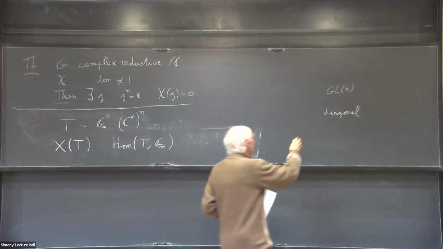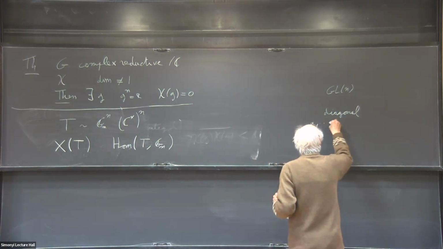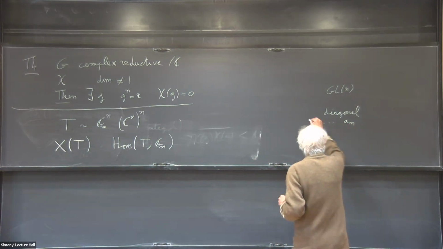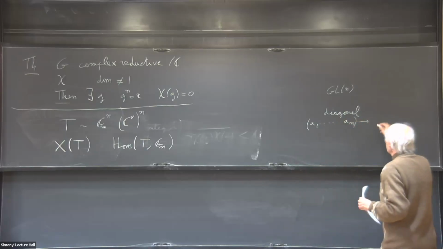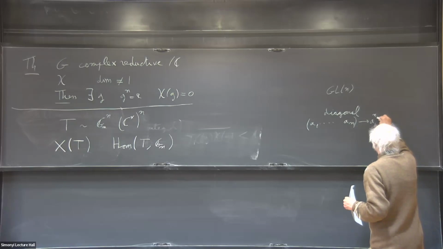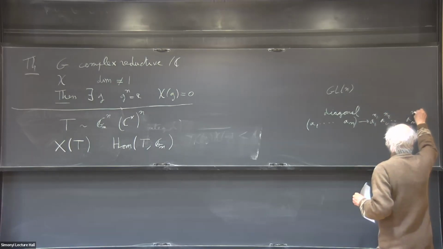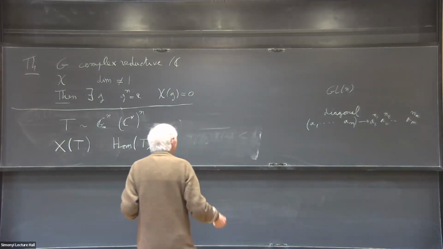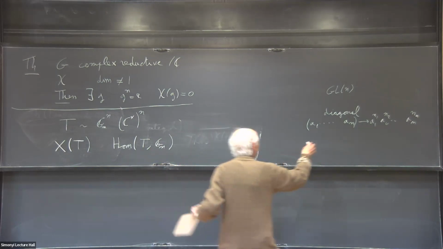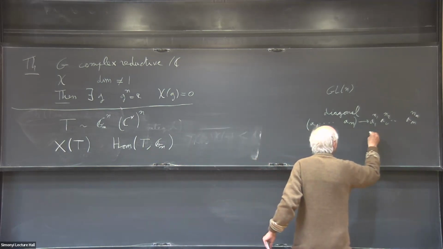So in this case, you have diagonal matrices a_1, ..., a_n, and you look at maps to C star of the form a_1^{λ_1} a_2^{λ_2} ... a_n^{λ_n}. So in this case, this X(T) is just Z^n.